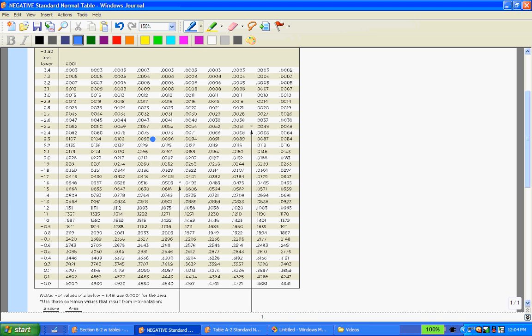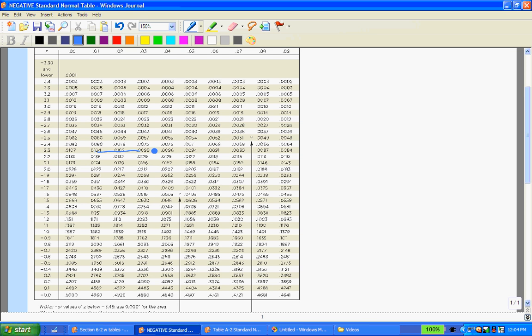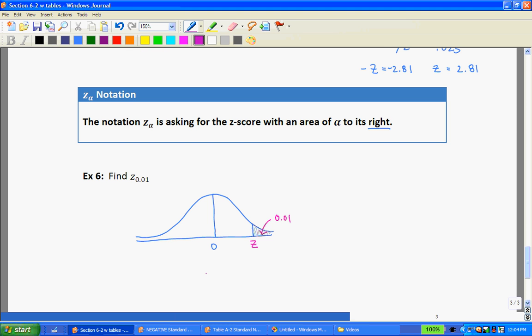I'd probably go with this one. If I look at where that comes from, that's a z-score of 2.33. So the z-score I'm looking for is positive 2.33 since I'm on the right side of 0.